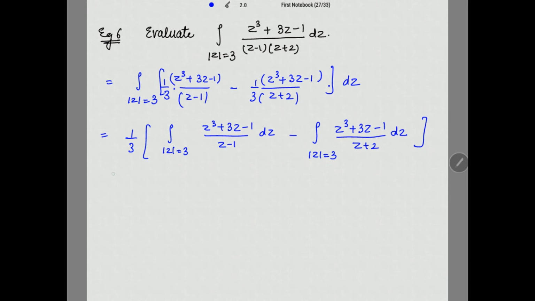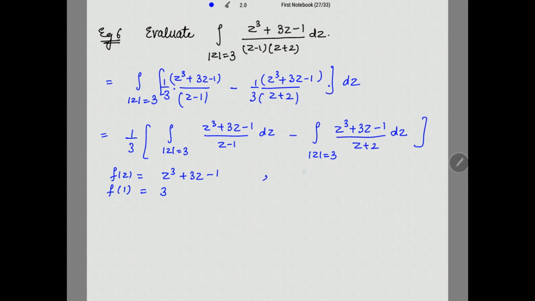So now what is your f of z? f of z is z cube plus 3z minus 1. And here the point f of 1 will be equal to, putting z equal to 1 over here, 1 plus 3 minus 1, that is 3.